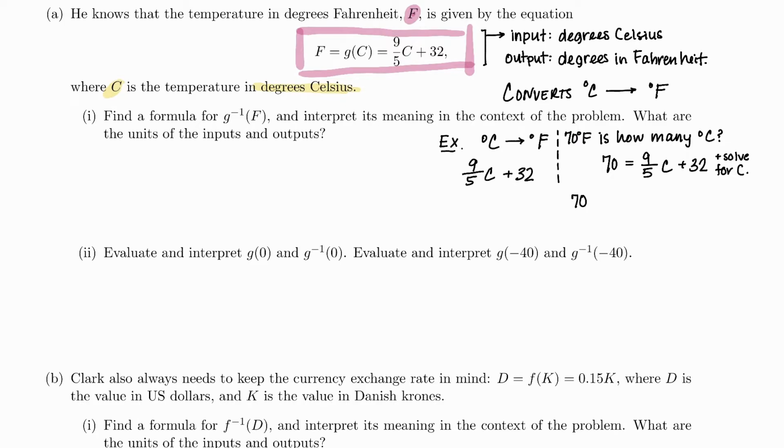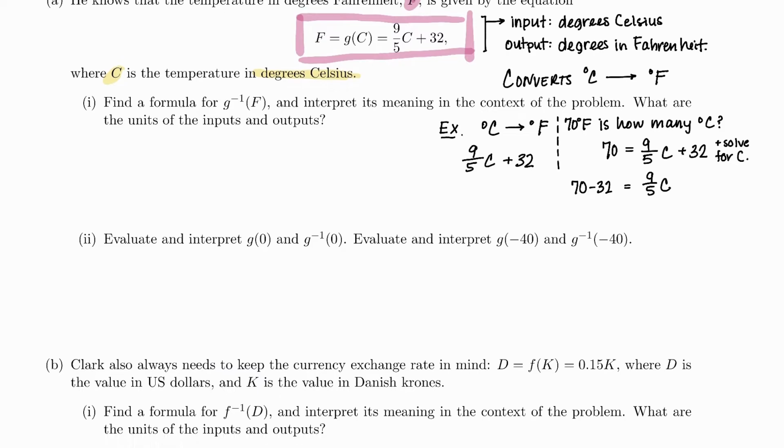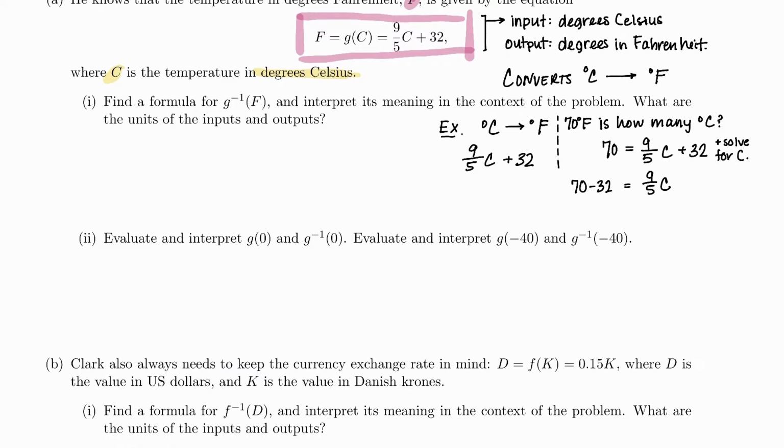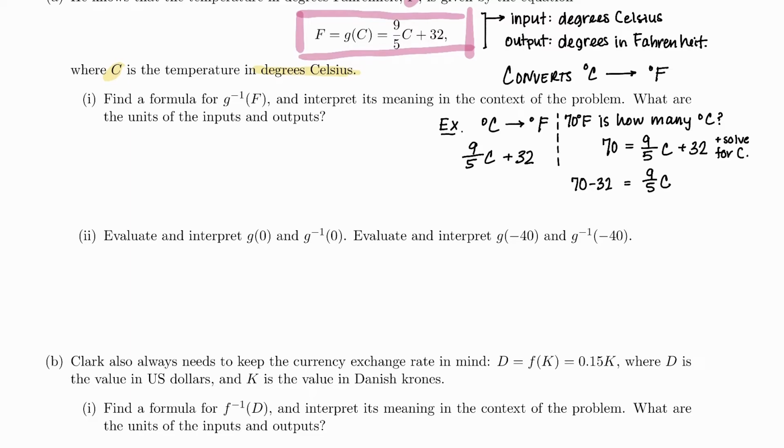So we get 70 minus 32 is equal to 9/5 C. And then either I can divide both sides by 9/5, or I can multiply both sides by 5/9.